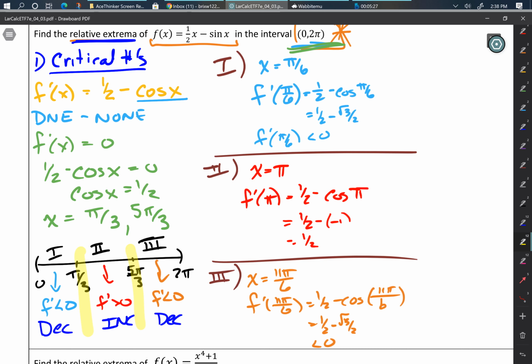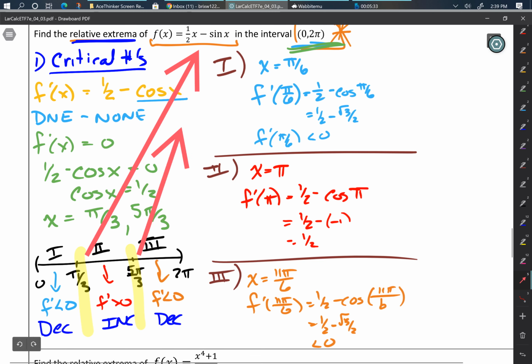Now I know that they exist for the original function. That is, these values are in the domain of the original function because my function has a polynomial piece and a trig piece, but both of those exist perfectly fine on the interval 0 to 2 pi. So I don't have any issues with them not being values in the domain of the function. So now I just need to interpret them.